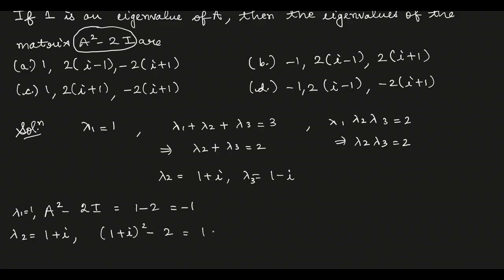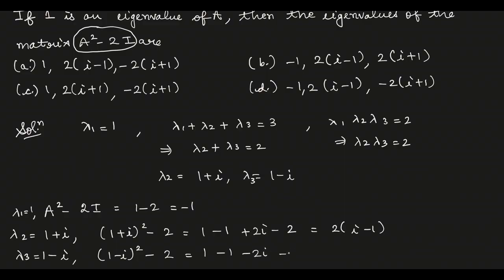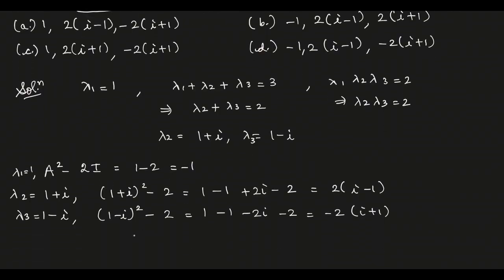So 1 minus 1 plus 2 iota minus 2. And when lambda 3 is 1 minus iota, then (1 minus iota) square minus 2. 1 minus 1 minus 2 iota minus 2. So the answer will be option D.